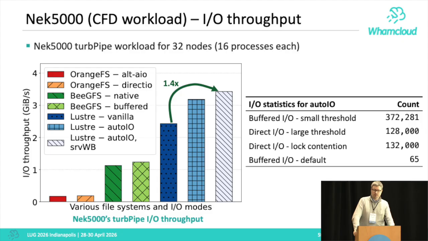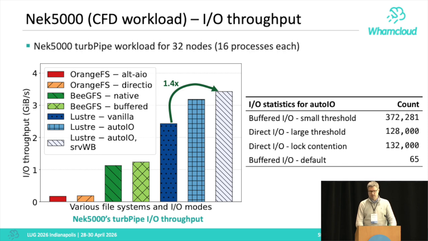And what is very nice about auto I/O is that you can also look at the I/O statistics, right? That means you can look at what type of I/O was switched to what mode and for what reason. Again, there were very small I/O operations in there, and a lot of those stayed in buffered I/O because of that. We had very large I/O requests that stayed in direct I/O because of that, right?